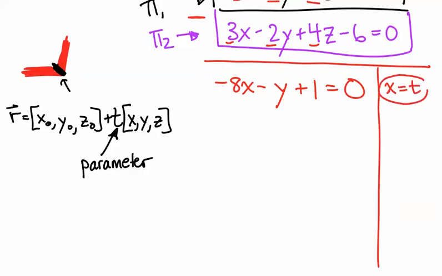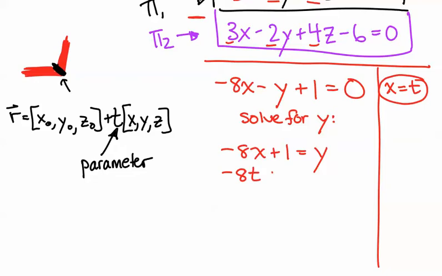You've got to pick one variable to equal the parameter, and I'm going to let that be x because that way y is easier to isolate, since there's no coefficient in front of y. So if I'm letting x equal t and I solve this equation for y, then I can say negative 8x plus 1 is equal to y, and I'm just going to replace the x with a t.